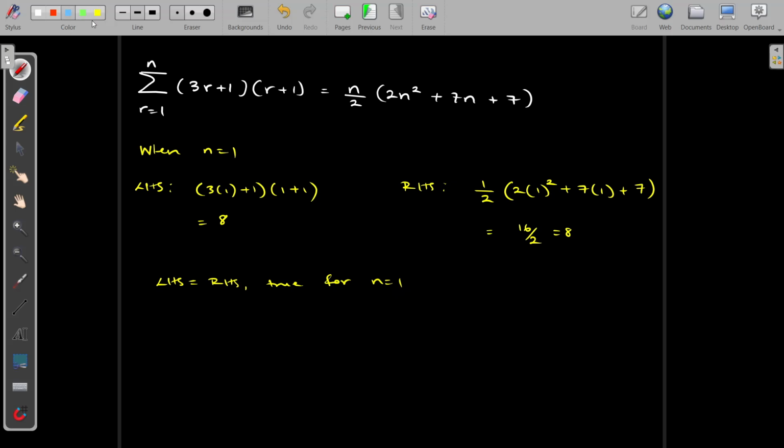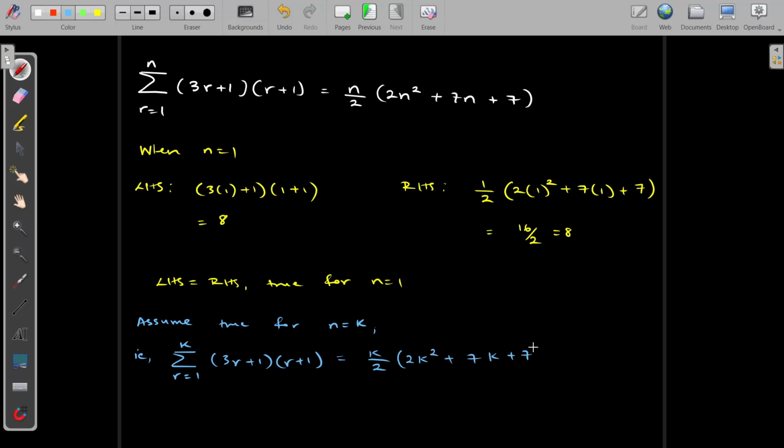So now we make our assumption. Assume true for n is equal to k, that is, so we're simply replacing all the n values with k. So this is our up to k value.